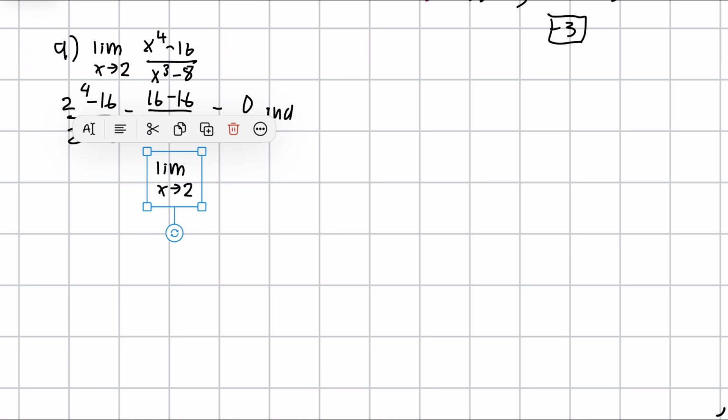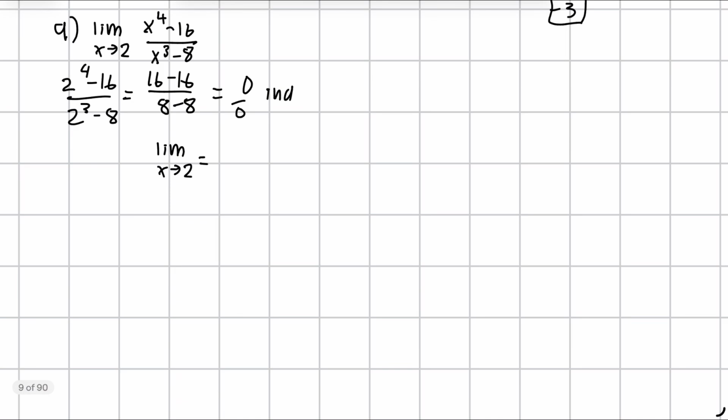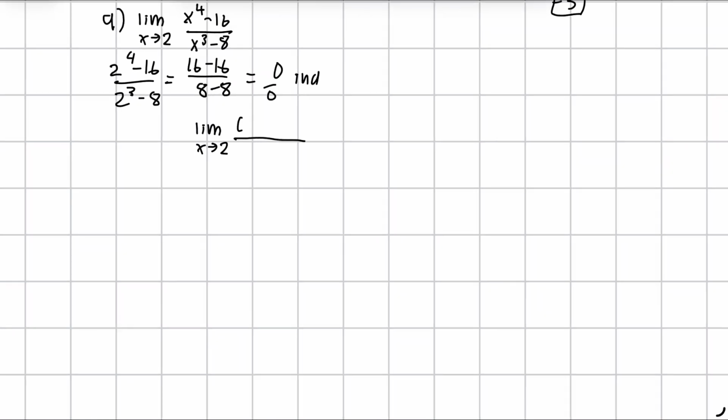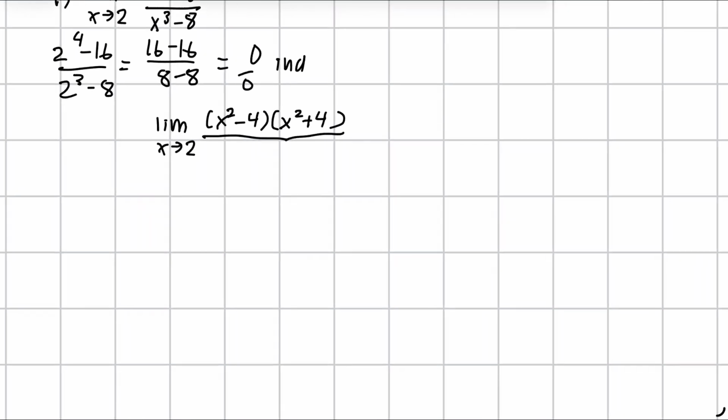We get the limit as x approaches 2 of x squared minus 4 times x squared plus 4, and then in the denominator, we can have x minus 2 and x squared plus 2x plus 4.